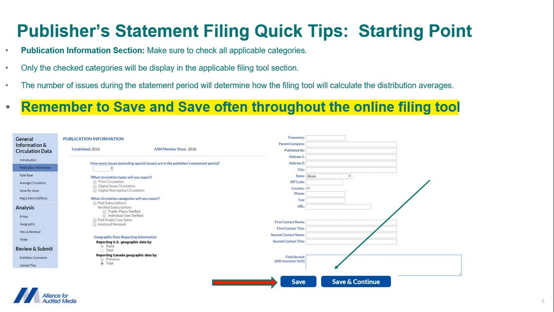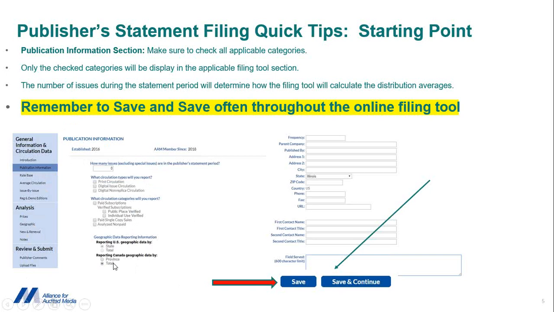It takes in information about how many issues you have and what type of distribution you have. Is it print? Is it digital? What type of digital do you have? What type of paid subscriptions do you have? It's important to fill this out first because it will follow suit through the rest of the filing tool. If you have digital subscriptions but you didn't click digital, it's not going to show up in the filing tool. So make sure you check all the correct categories for your publication.